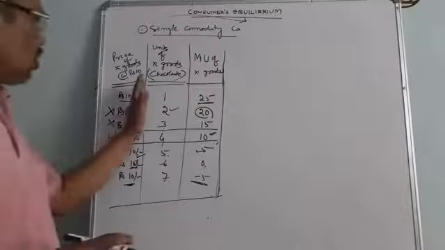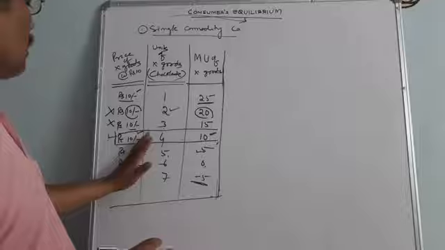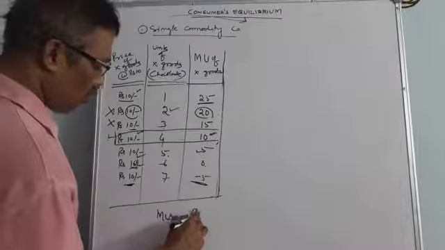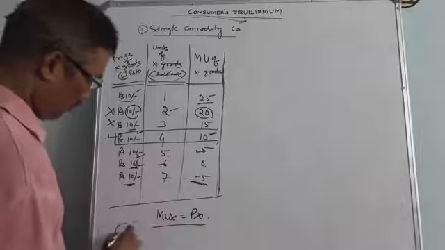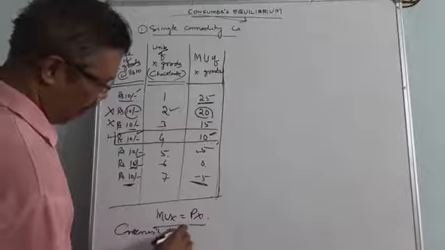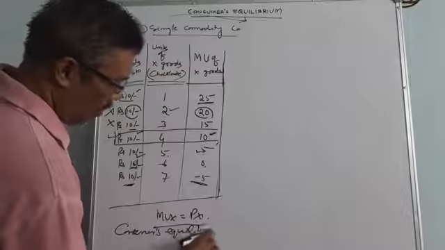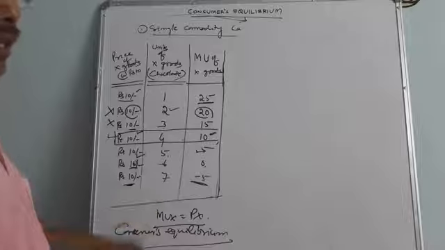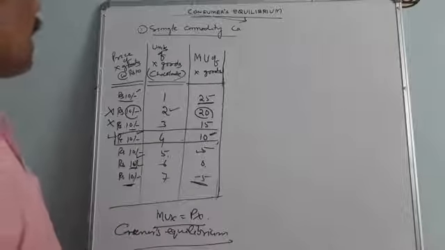Now I think it is clear that marginal utility of X equal to price X, which is to be called that consumer's equilibrium. It can be plotted in the diagram.